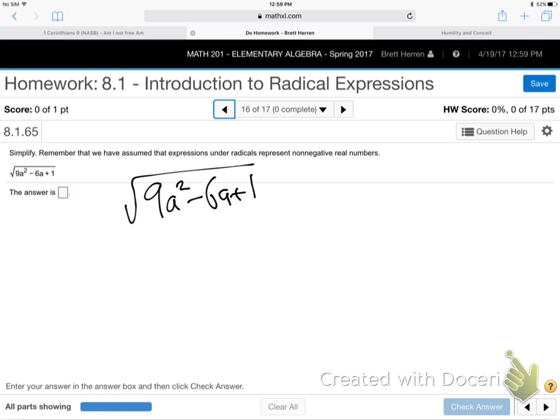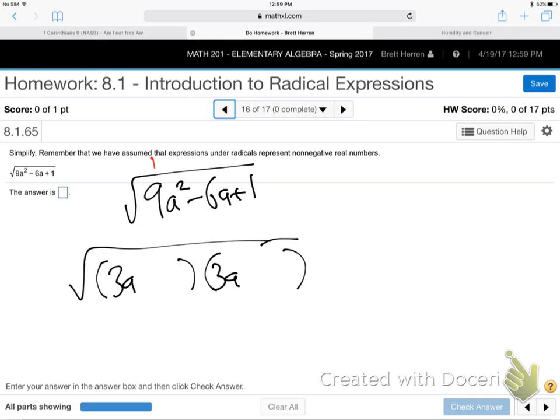All right, so it's the same kind of thing. It's going to factor, it's the same thing twice. 3a, 3a. Remember how that works? 3a times 3a. Remember FOIL? Front times front. 3a times 3a makes 9a squared. And last times last to make 1. 1 times 1 makes 1.